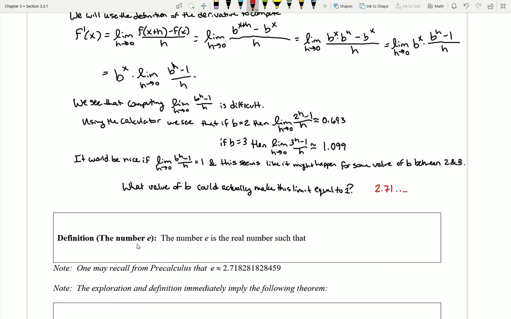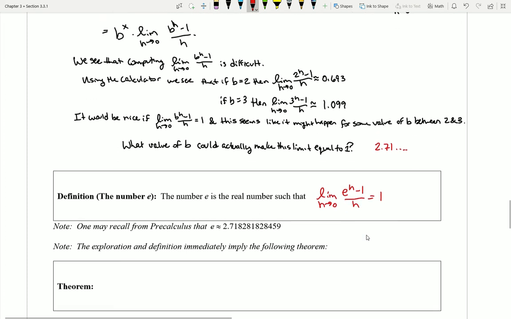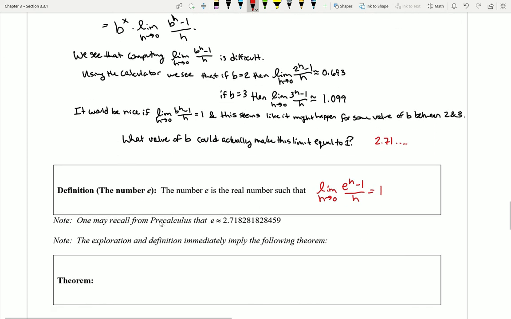The number e. e is the value that we could plug in such that the limit as h approaches 0 of e to the h minus 1 over h is equal to 1. You may recall from pre-calculus or other courses that the value of e is 2.718281, that rough number.